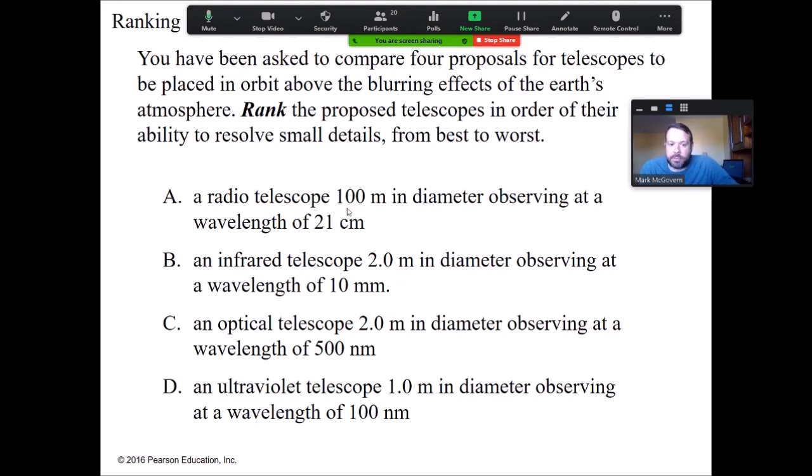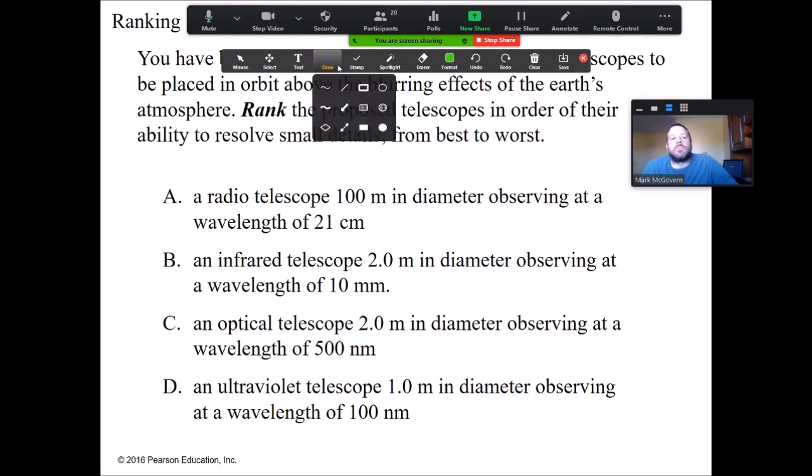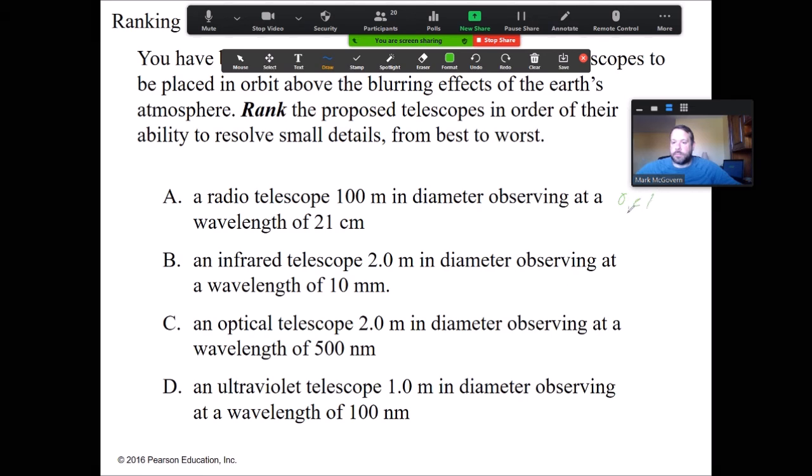100 meters, my goodness, with a wavelength of 21 centimeters. That's not a lot. What you really want to do here, let me write this out. They're basically constructing a ratio here. So let's just construct these ratios. Okay, let's draw this out. So you're doing your lambda over d.